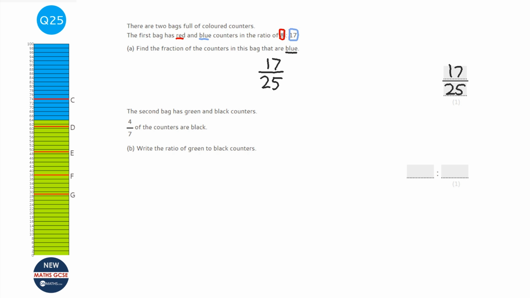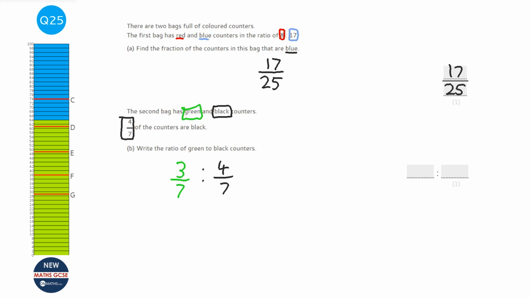Okay, the next one asks us to work the other way. So we've got green to black counters, and there's that fraction that are black. So there's a couple of ways of doing this. I could write them down as fractions actually, so why don't I try that? So we know that there are 4/7 that are black, and we know that there are only green and black, so there must be 3/7 that are green, because it has to add up to 7 over 7, which is 1.